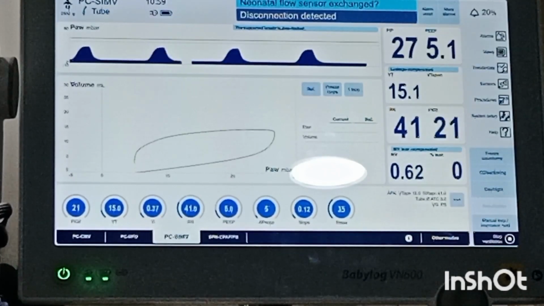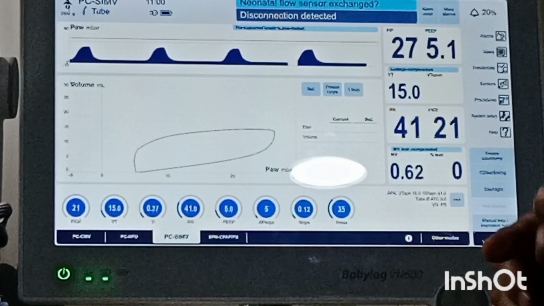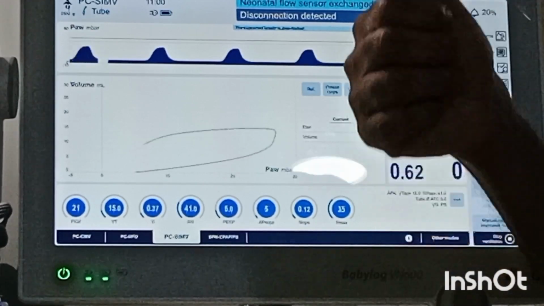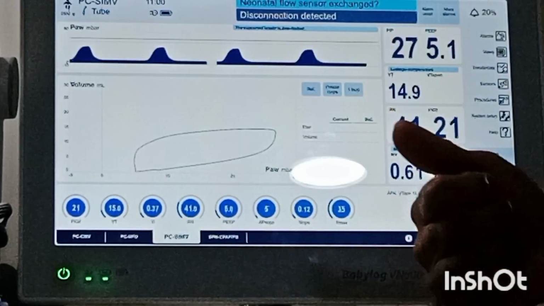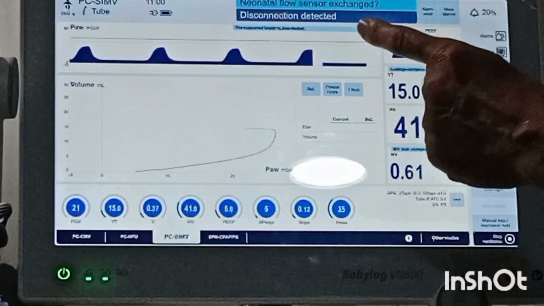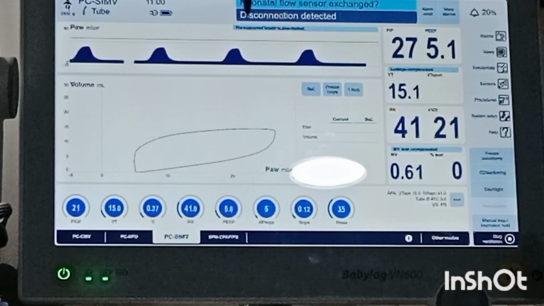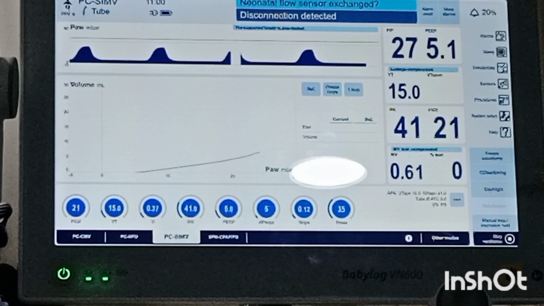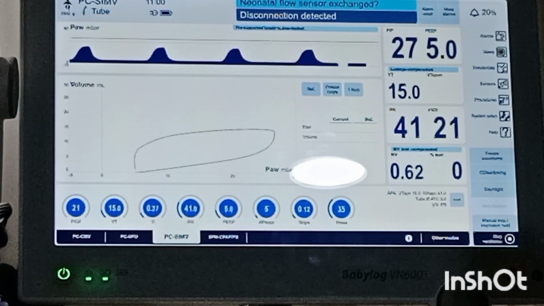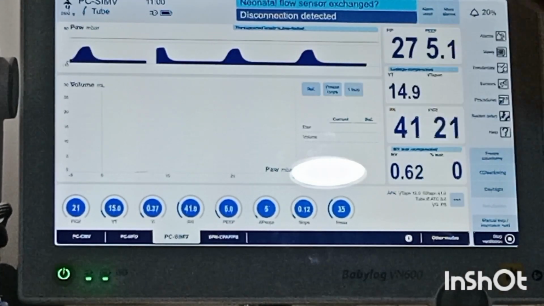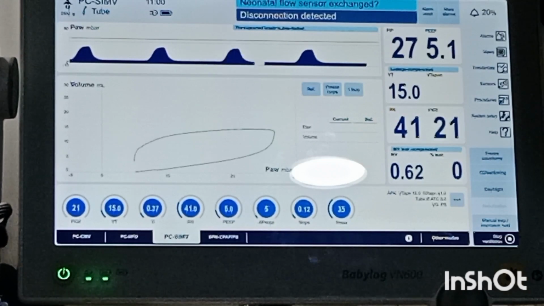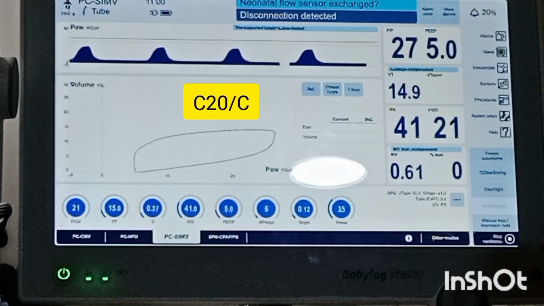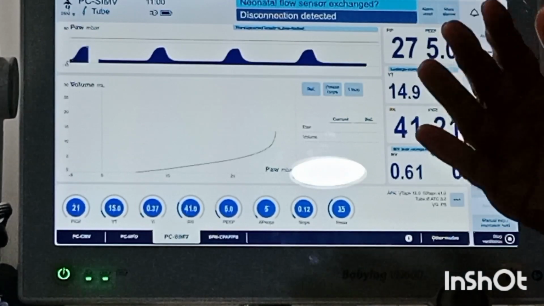But what happens if a resident gives surfactant and fails to decrease the PIP? It may cause overdistension. When it causes overdistension, there is an entity called the C20 by C ratio in the loop. C20 means the last 20% of the compliance divided by the total compliance, and it should be 1 and above.